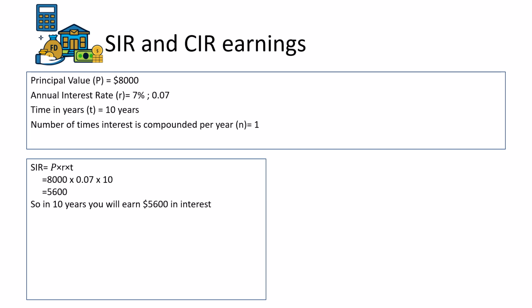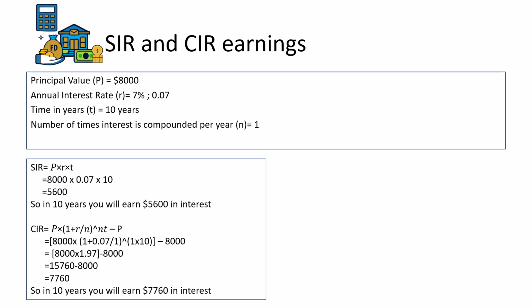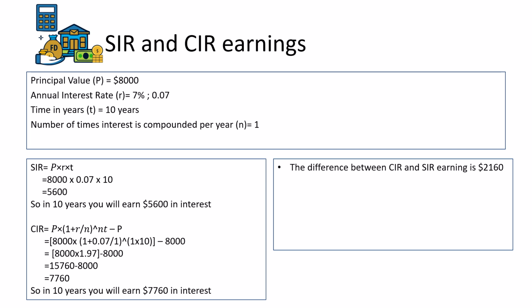So in 10 years, you'll earn $5,600 in interest. For compound interest, after inserting the formula, you get 8,000 times 1.07 to the power of 10, minus off 8,000 again. So in 10 years, you'll earn $7,760 in interest. So the difference between compound interest and simple interest earnings is $3,160.